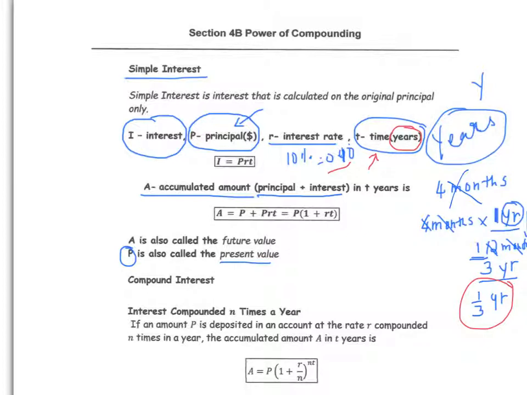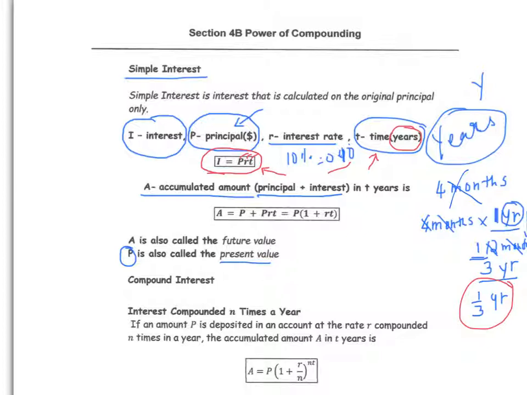So if you had to just figure out what the interest is, then that's the formula that gets you there. Interest is equal to the principal times the rate times the time. So this is a formula that helps us figure out interest alone, knowing principal, rate, and time.